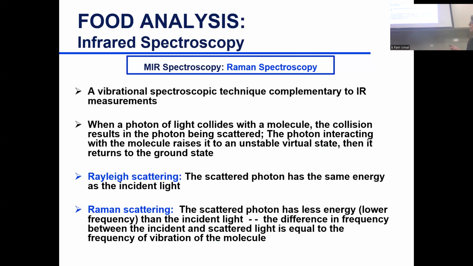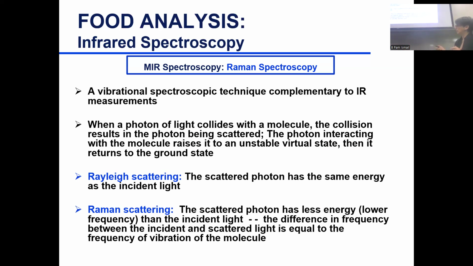So when IR radiation hits the sample, some of that light scatters, where the scattered light energy is equal to the energy of the light that hit. So no information really on the sample.